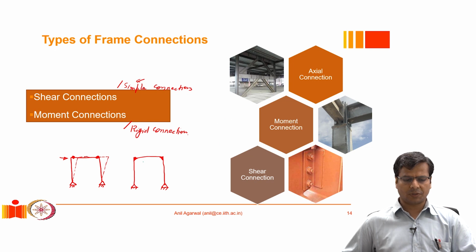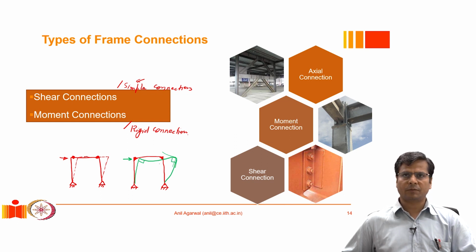In such a situation, if we wish to draw the deformed shape of this system, if we apply lateral load, most likely we will end up with a deformed shape which would look somewhat like this, right? Excuse me for the inaccurate drawing, but I hope you get the idea.